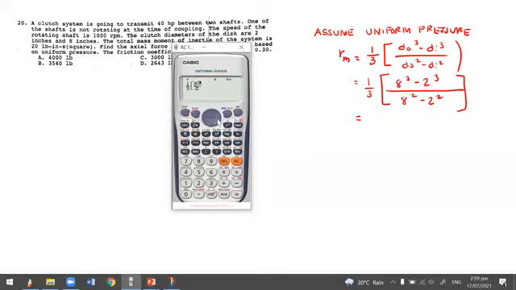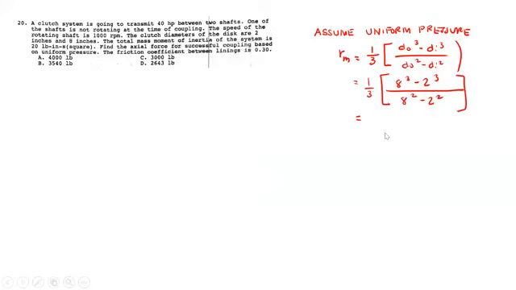Eight raised to 3 minus 2 raised to 3 over 8 squared minus 2 squared. So, 2.8. 2.8 inches. Then, substitute natin.